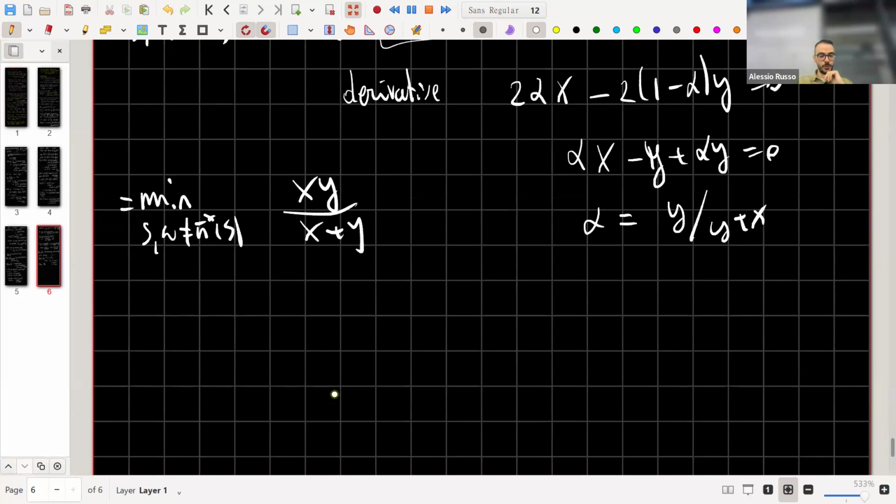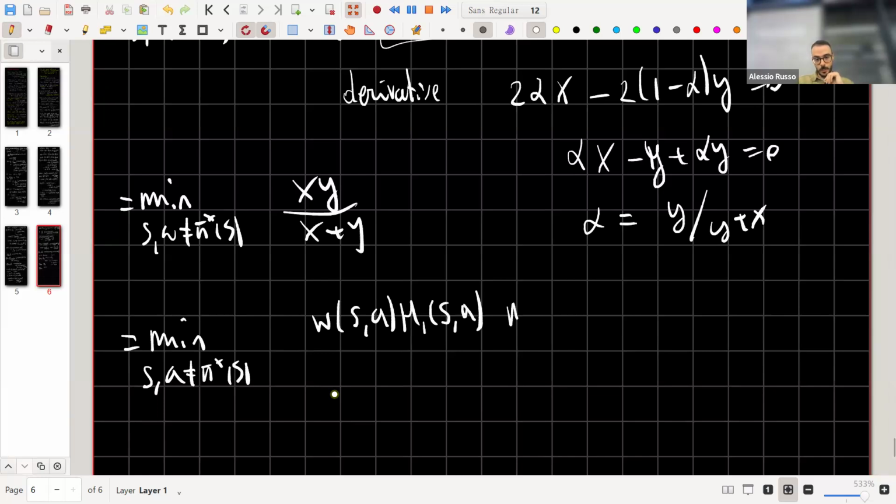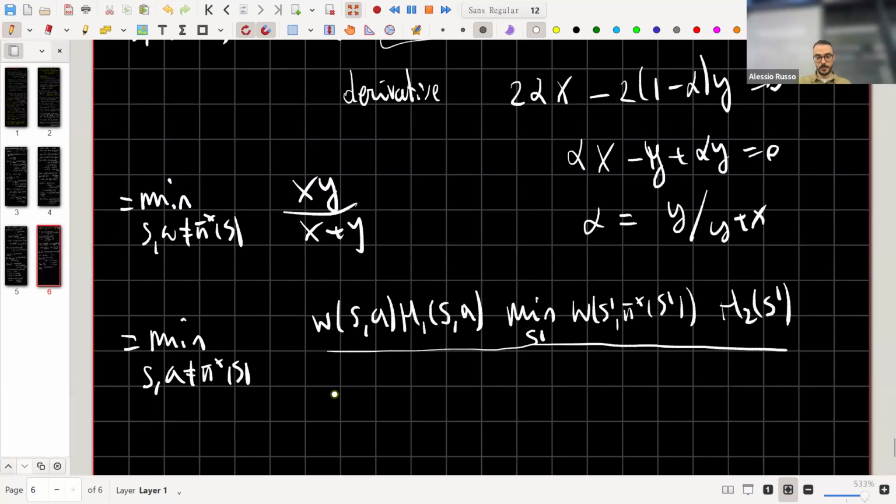So now what we're gonna do is just replace the values of x and y. This is equal to the minimum over s, a different from pi star of s of W_sa H1(s,a), minimum over s', W_s' pi star s' H2(s') divided by the sum.